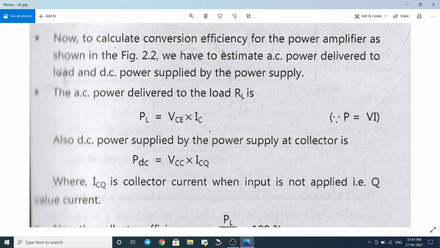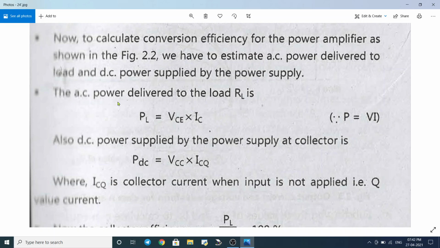So actually the DC power is converted into AC power as the input signal varies. So the efficiency means how much DC power is consumed and how much useful AC power is delivered to the load.